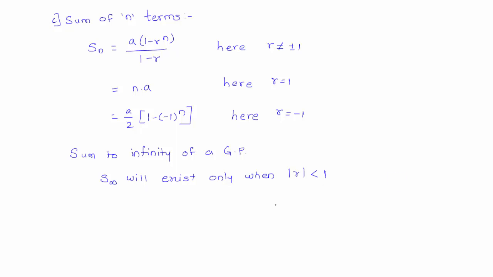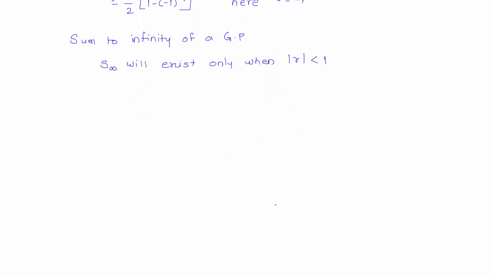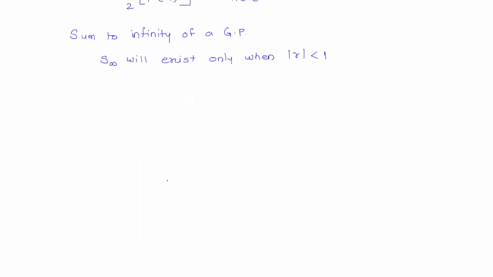If you get such a GP, then you can actually find the sum of infinite terms of that GP, and S infinity is given by A upon 1 minus R, that is first term upon 1 minus common ratio. So this expression is quite important when a question says find the sum of infinite terms for a geometric progression.